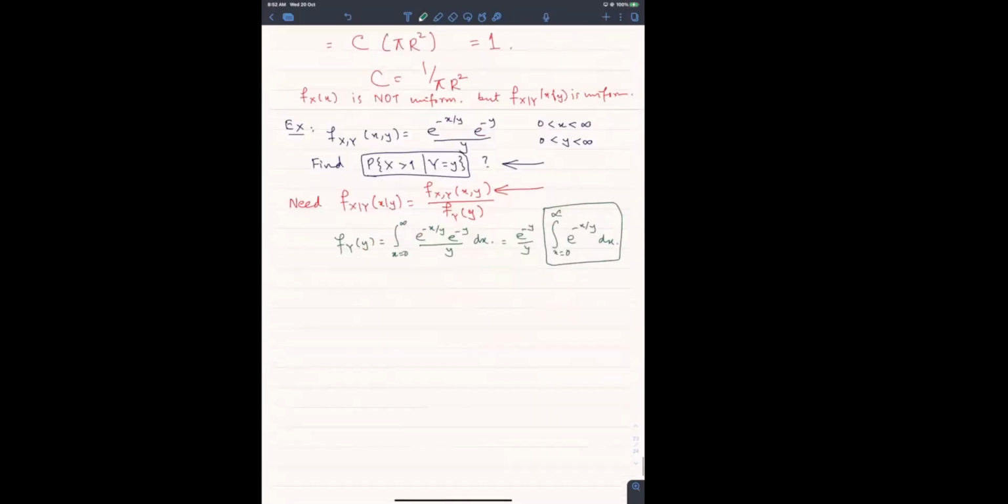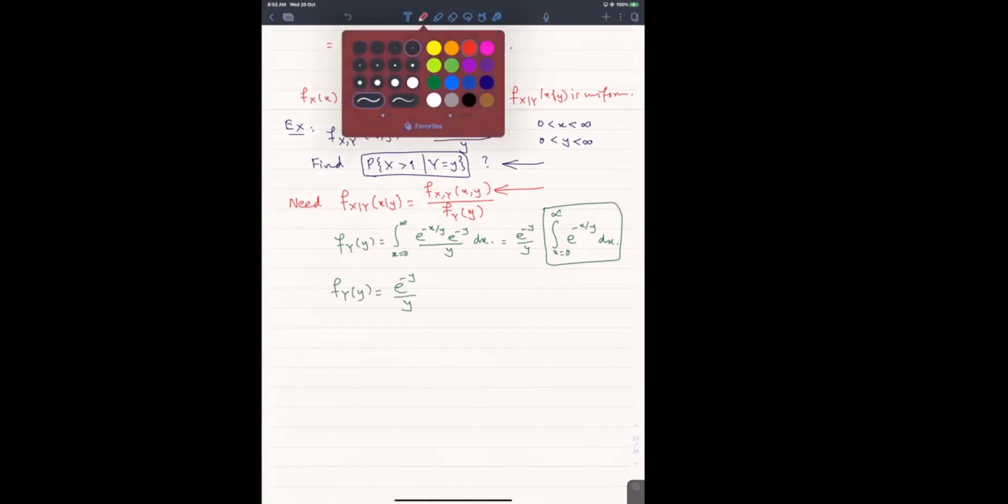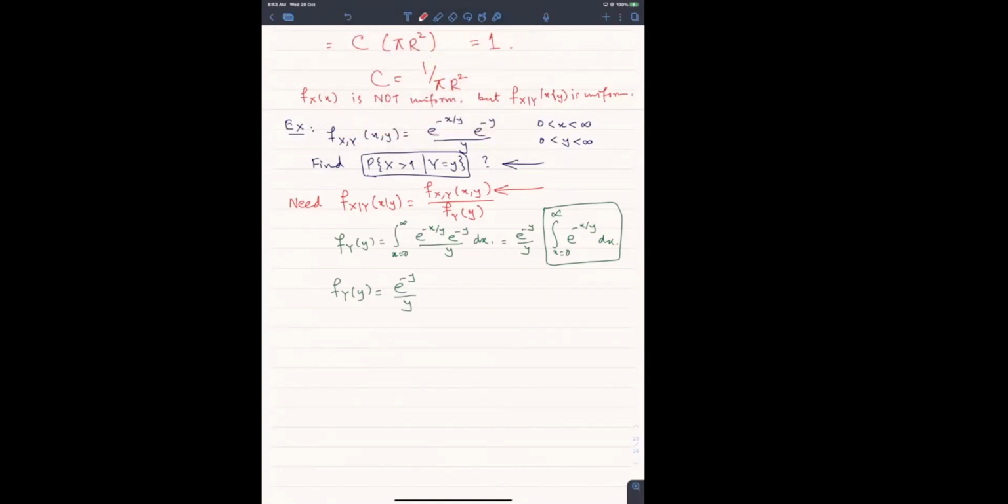The answer to this would be fy of y is equal to e to the minus y over y. This would be equal to... well, देखें, ये हमें पता लग रहा है कि ये कुछ एक्सपोनेंशियल टाइप की चीज है.